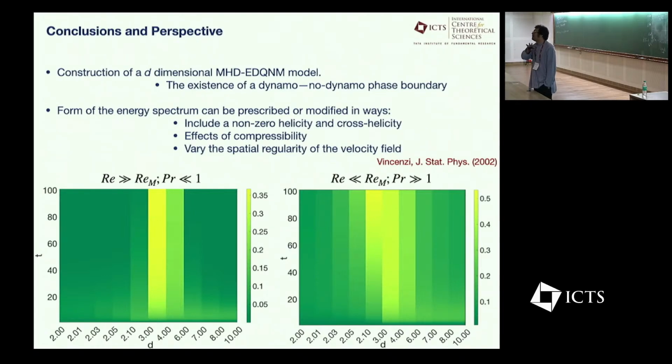Here the interest is not so much in the structure of the magnetic field, but in the structure of the triadic interactions which these nonlinear equations have. And the geometries of those triads certainly make sense in arbitrary dimensions.